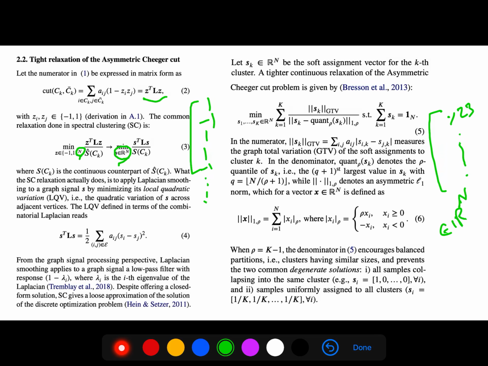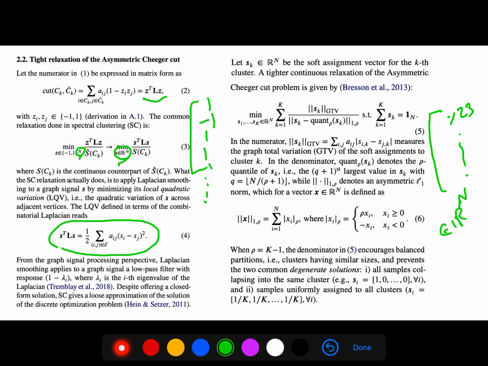So what this relaxation actually does is to apply Laplacian smoothing to the graph signal by minimizing local quadratic variation.